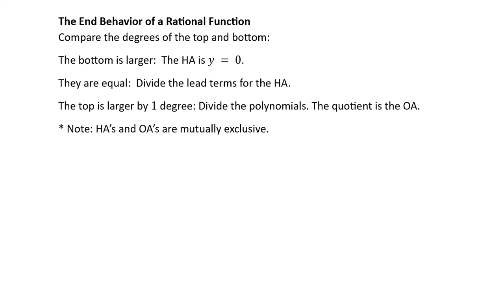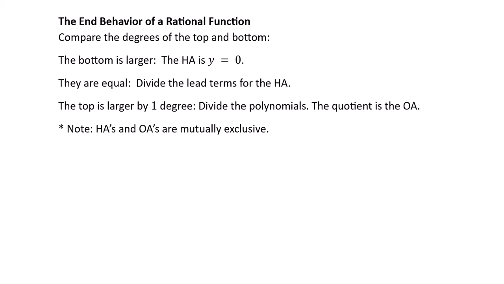Let's summarize the end behavior of a rational function. Basically, what we could do is compare the degrees of the top and the bottom. If the bottom is larger, then the horizontal asymptote is going to be y equals 0. If they are equal, then we can simply divide those lead coefficients for the horizontal asymptote.